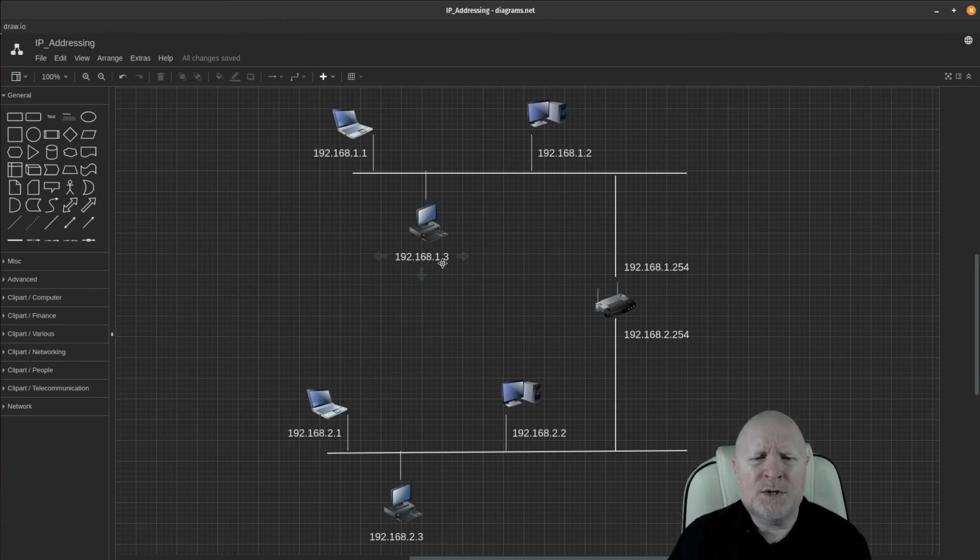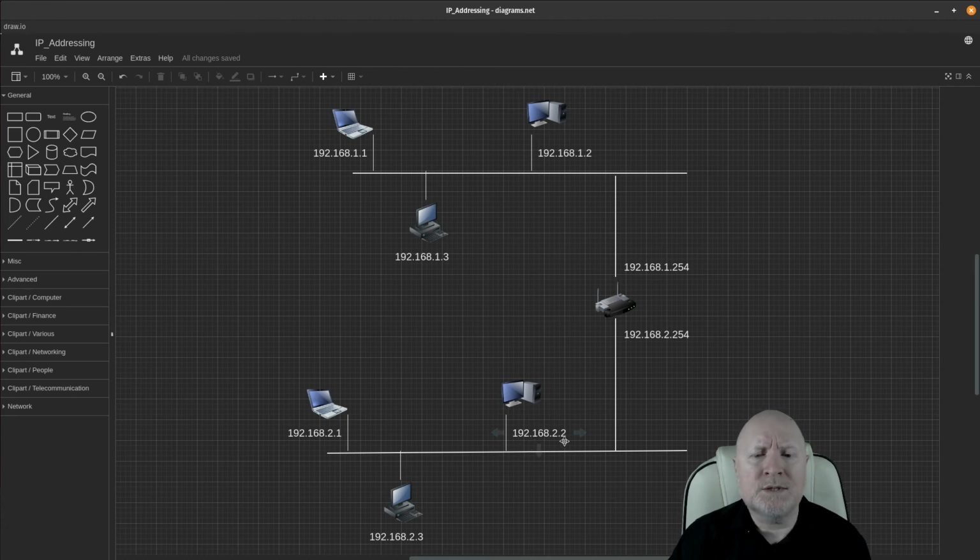So we know that those 3 octets there belong to the network portion, and that 4th octet is reserved basically for the actual IP addressing for the actual computers themselves. So this computer will be able to tell that this computer here, because of that IP address, is in the local network.